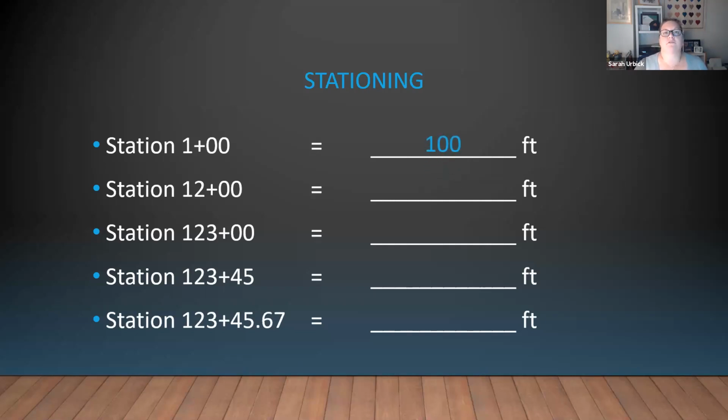We're 100 feet from our starting point. What about the next one? Station 12 plus 00. Great. Nice. Okay, seeing a lot of 1200s. Correct. So we weren't very creative in our numbering system here. So what do you think the next one is?